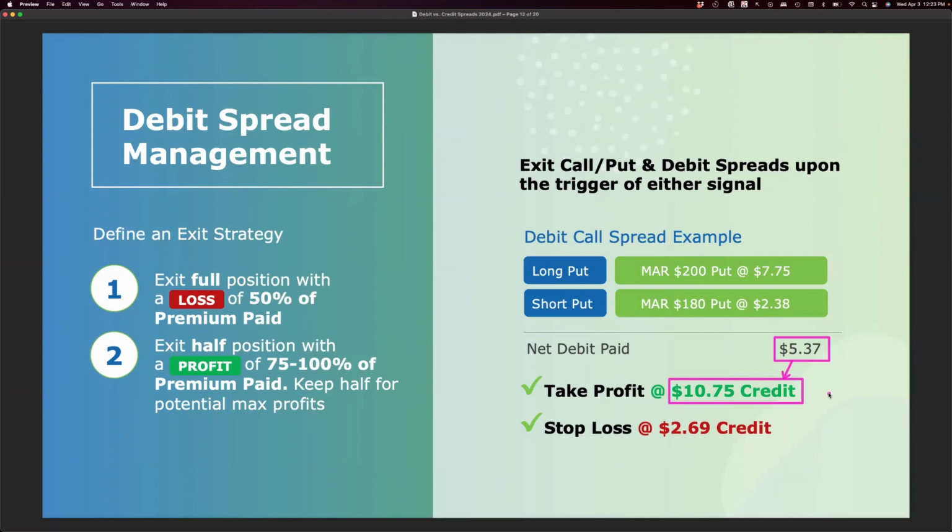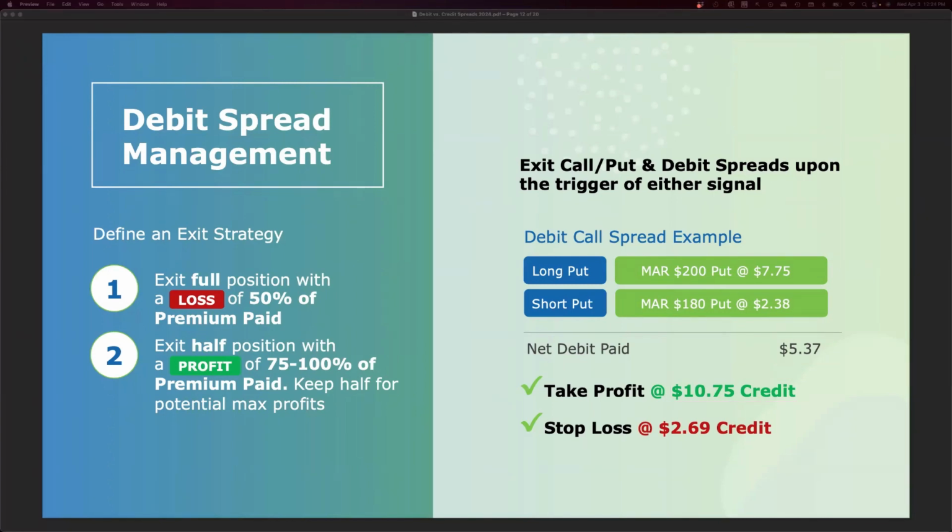That's a good time. So if you entered the debit spread at $5.37, once it increases in value to about $10.75, that's the equivalent of about a 100% gain. That's time to start taking profits and potentially getting out of the trade.